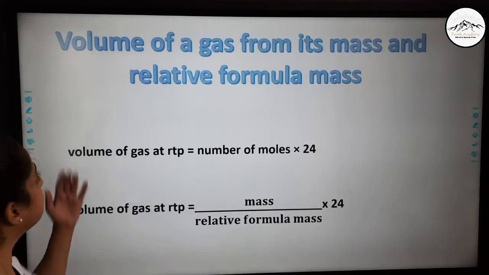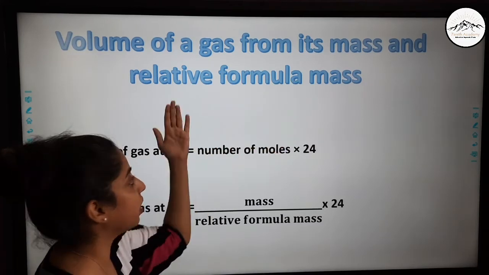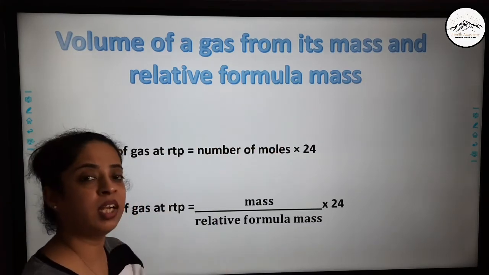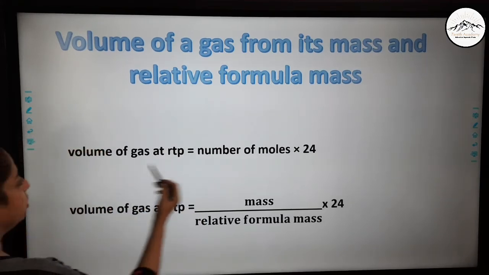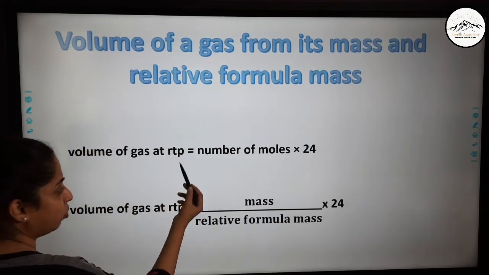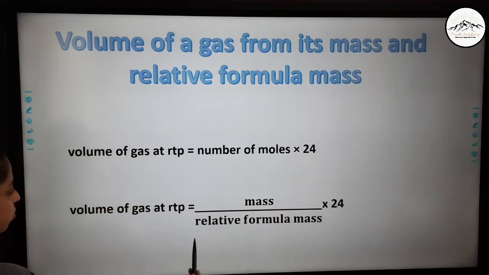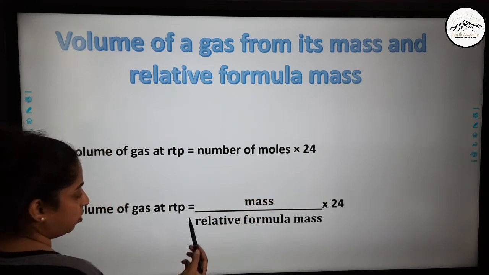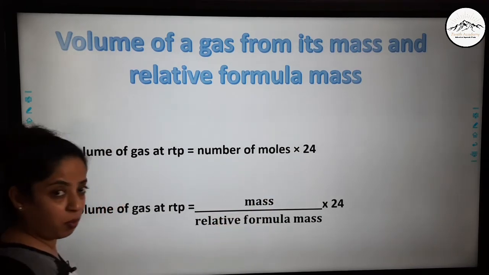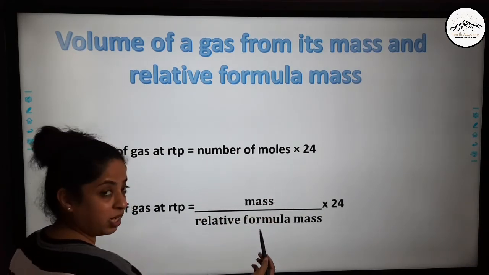Now students, let us see how volume of a gas can be found out from its mass and relative formula mass. So if mass and relative formula mass are given, how can we find the volume? We know that volume of the gas at RTP is number of moles into 24. Now if number of moles is not known to us, but mass and relative formula mass are given, we know number of moles is mass upon relative formula mass.